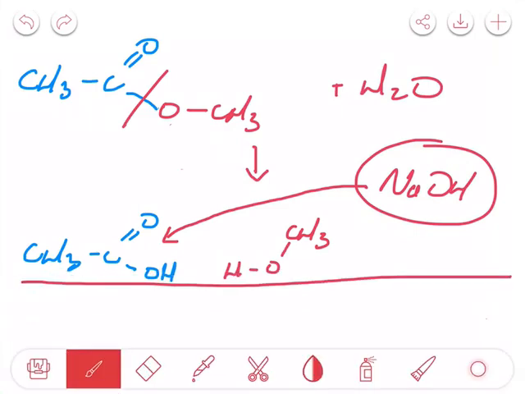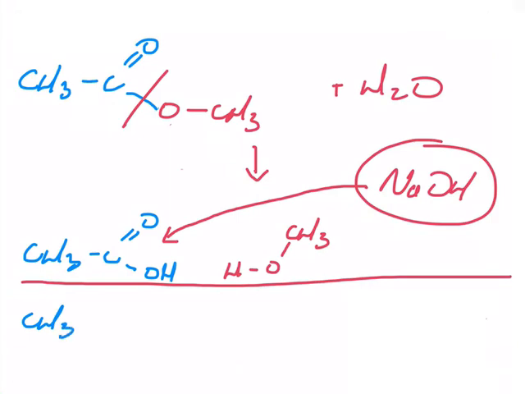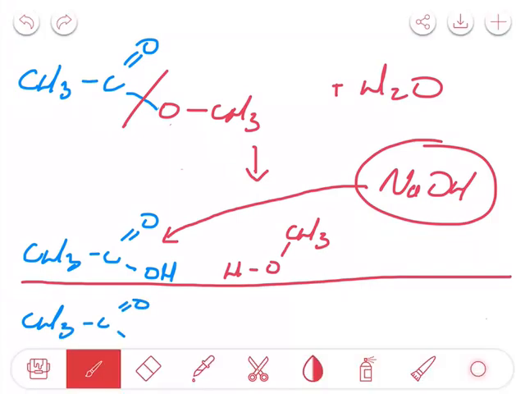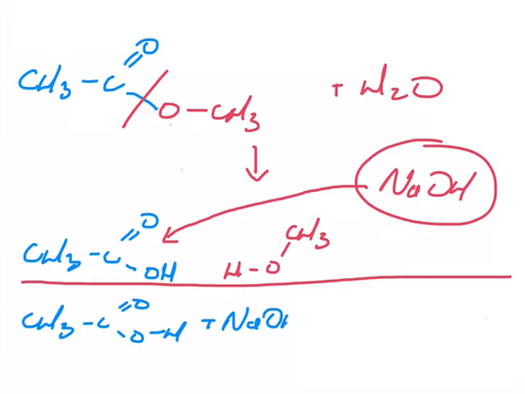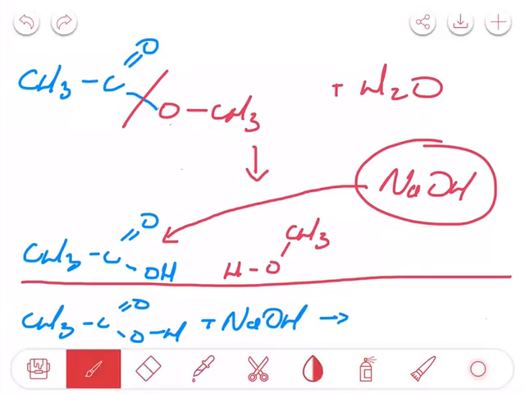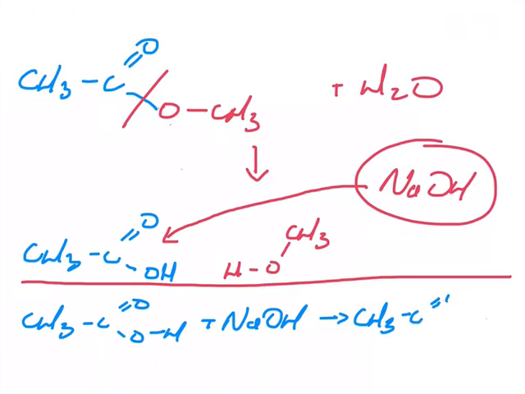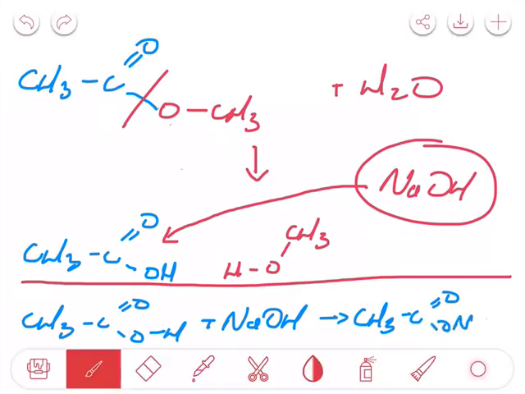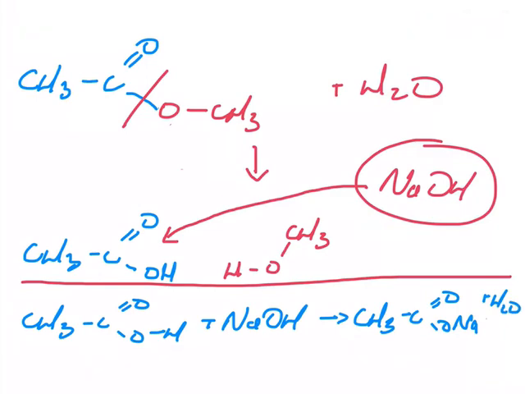And that second reaction is this, that the carboxylic acid that is formed after the hydrolysis of the ester now reacts with the catalyst, which gives us that and water. Okay, so we get sodium ethanoate and water that is formed.